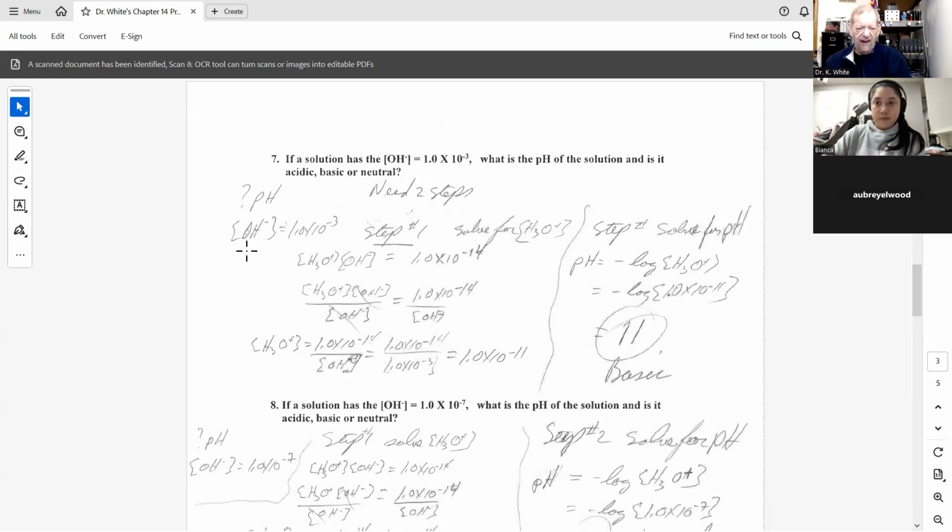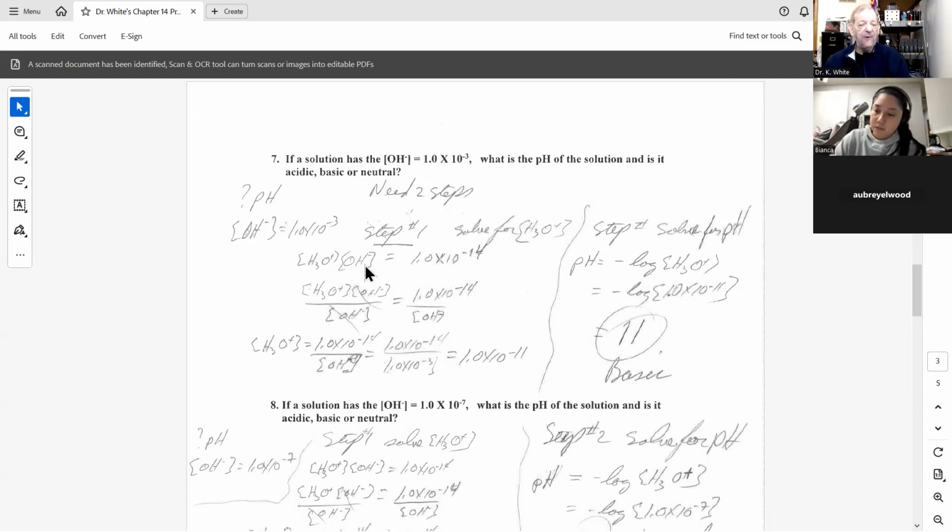So in the first step, you have to use hydronium times hydroxide equals 1.0 times 10 to the minus 14. That's Kw, the ionization constant of water. Now we want to solve for H3O plus so we can find the pH in the second step.